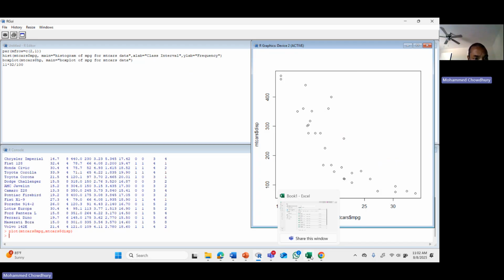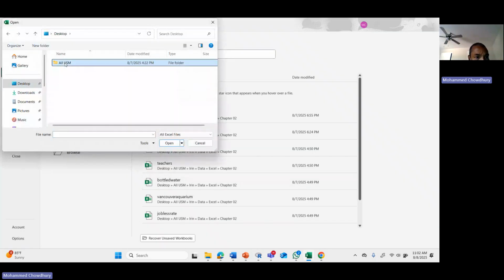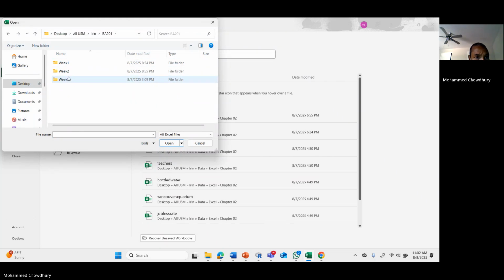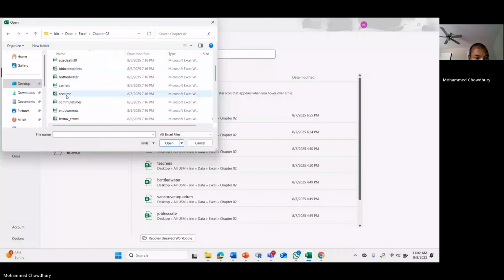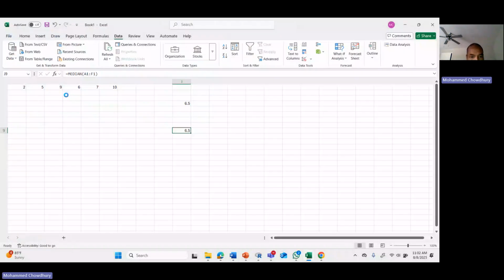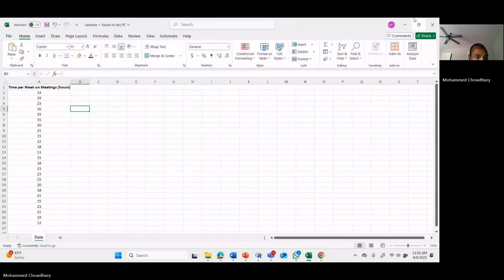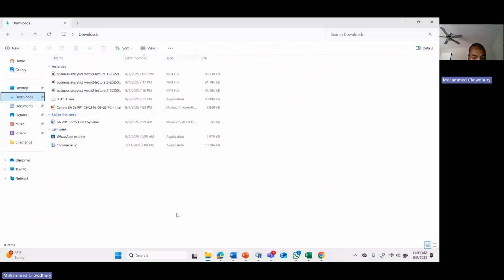Let me see if I can open a data file. It's just one variable data. I want data that will have two variables. Okay, let me quickly construct data.